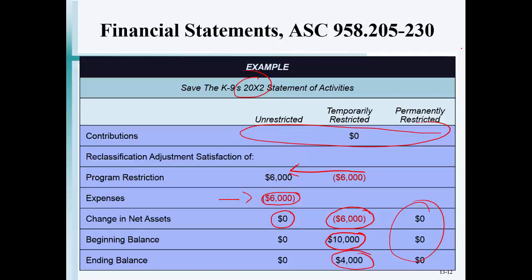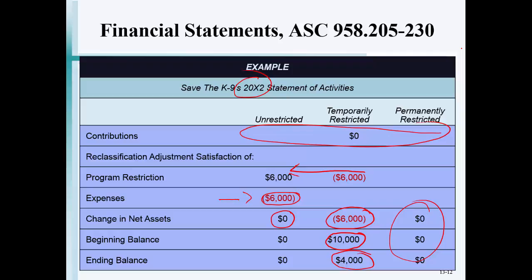The money comes out of the temporary restricted column and goes into the unrestricted column, signaling that that money has now what? Been released for spending because we've met the restriction, right? So it comes over, and then by definition, all expenses come into the what? Come into the unrestricted column, don't they?